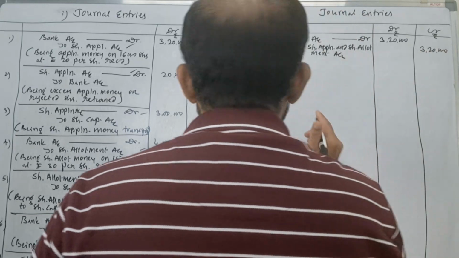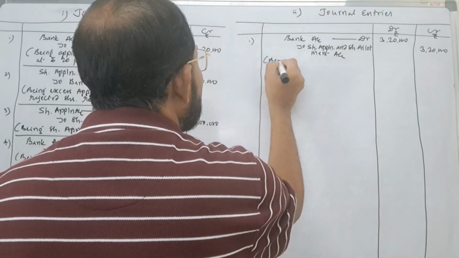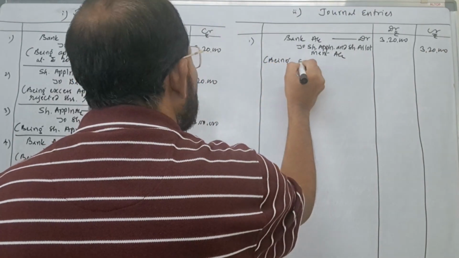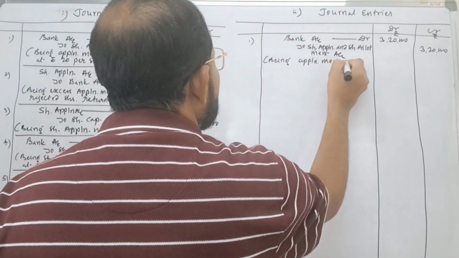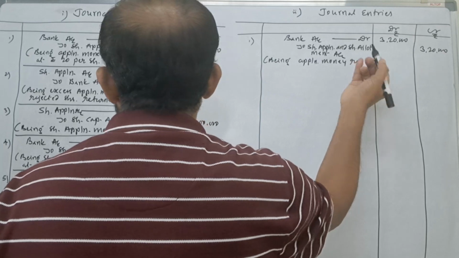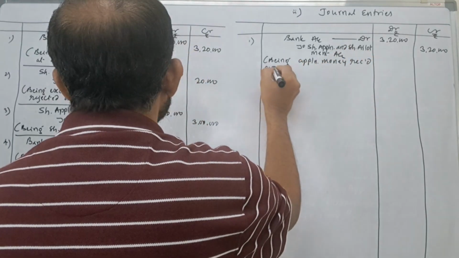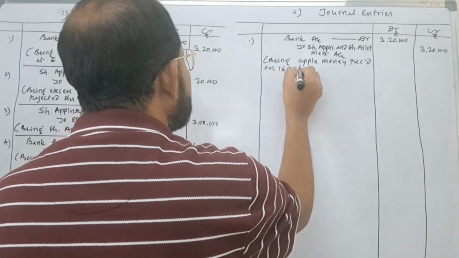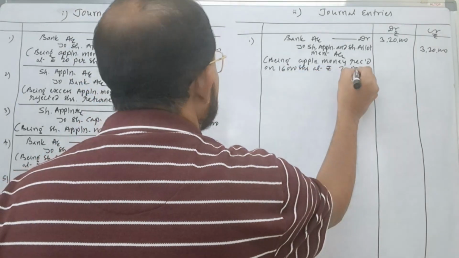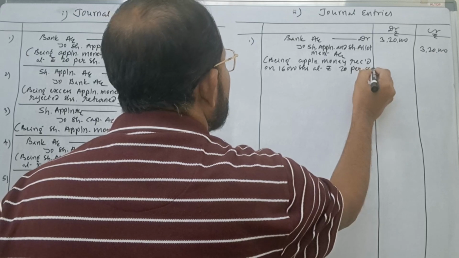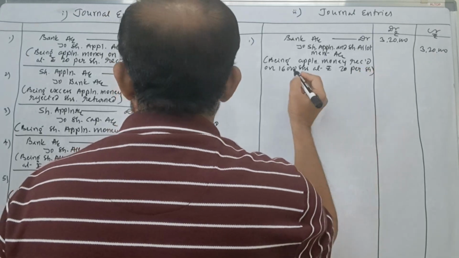You write the same narration: being application money received on 16,000 shares at rupees 20 per share.